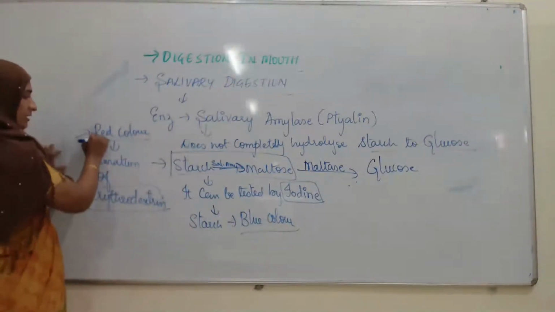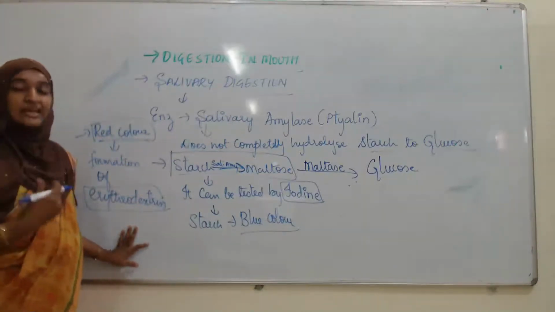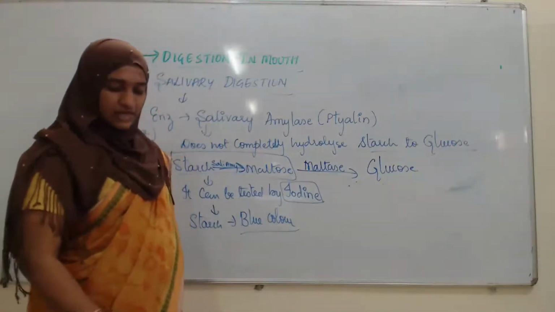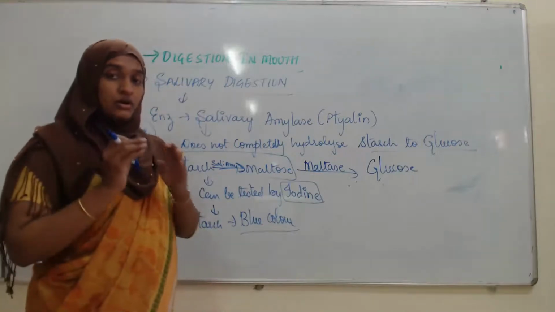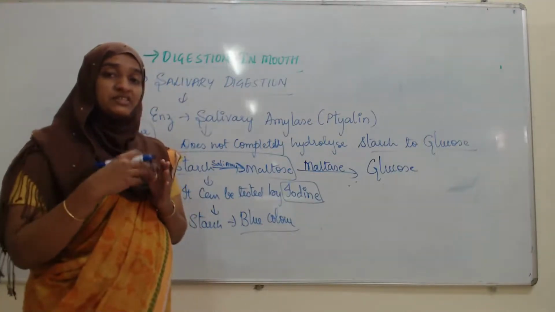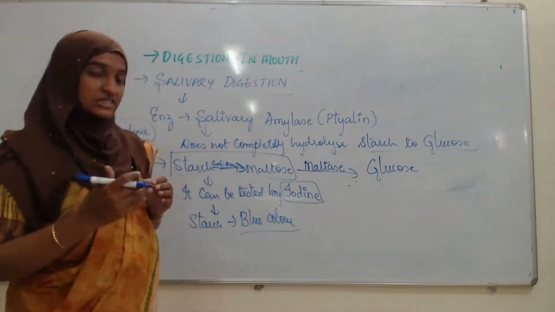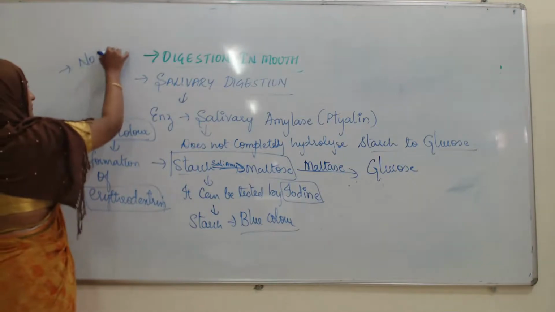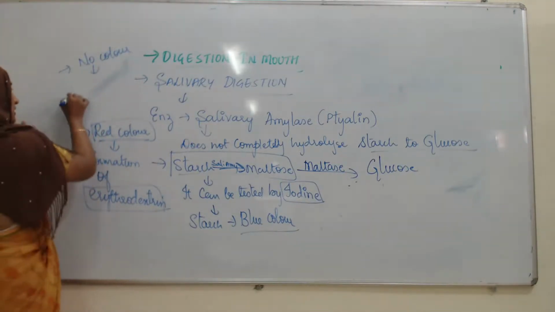Okay, red color means that starch gets hydrolyzed into what? Into the erythrodextrin. And finally, if there is no color, if you mix the starch with iodine and there is no color, it means that starch has broken down further. Here, no color means it has formed what?